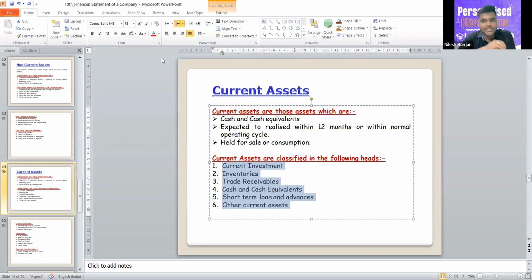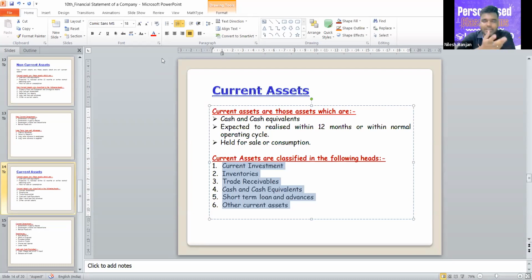If it is on credit basis, we have to receive money from those debtors. Sometimes they give us bills, called bills receivable, receivable after 60, 90, or 120 days.